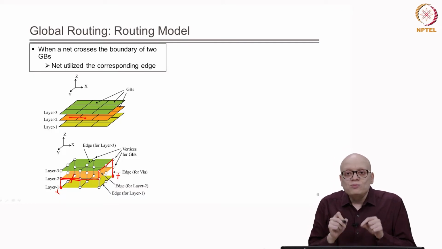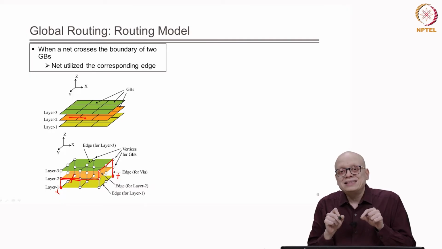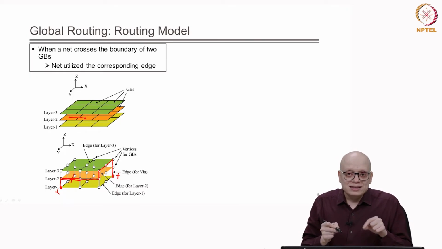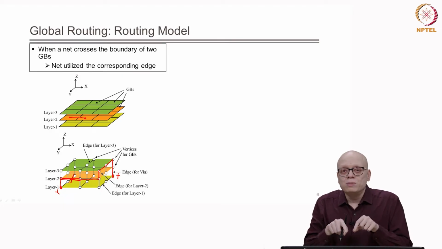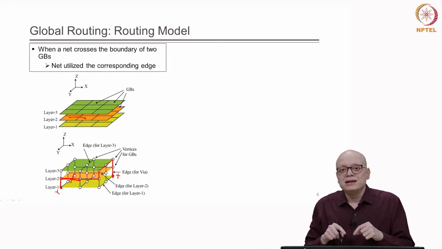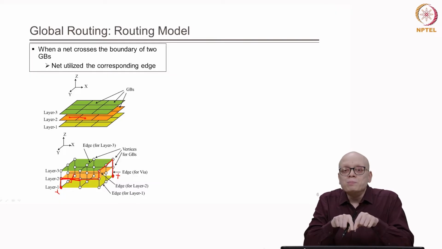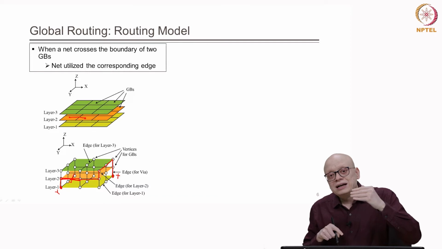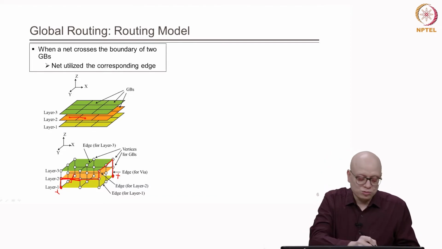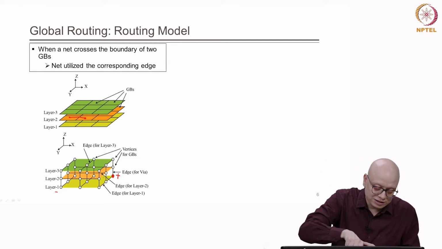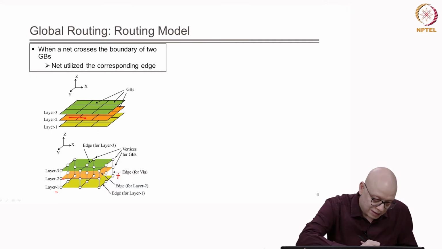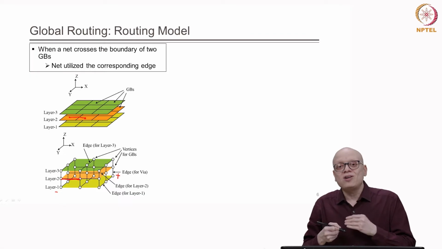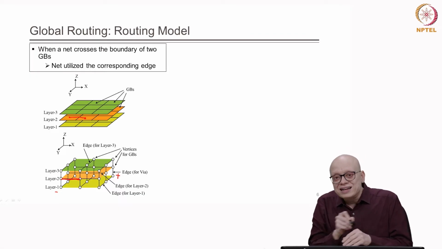Note that one particular edge can be used by many nets. Why? Because these global bins that have been created contain many routing resources. For example, they may contain many tracks of wires. One edge that I am showing here is actually physically representing many tracks of wires that can be laid out.